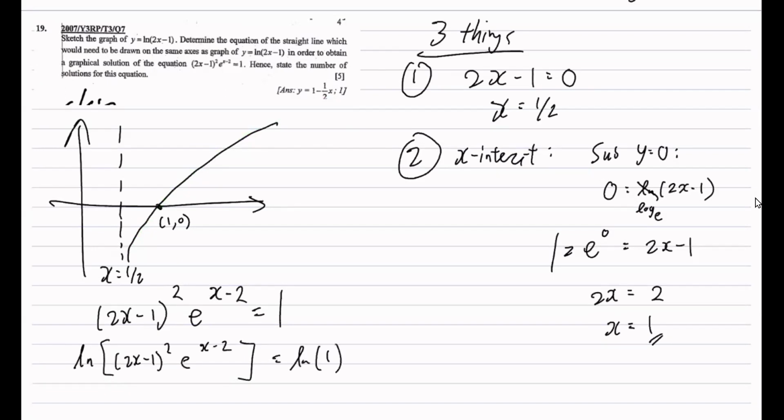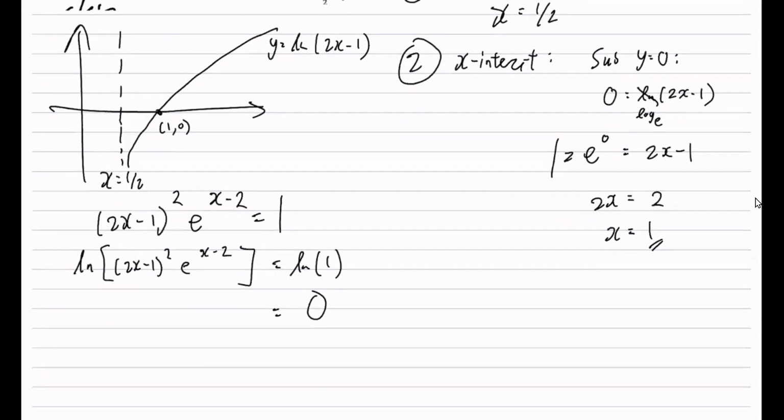Ln on both sides. What's ln of 1? Ln of 1 is 0. Okay, good. Then what's a ln of a product? You can split it up as a sum. But this one got power 2, bring down in front, plus ln of e power x minus 2. The x minus 2 can bring down.